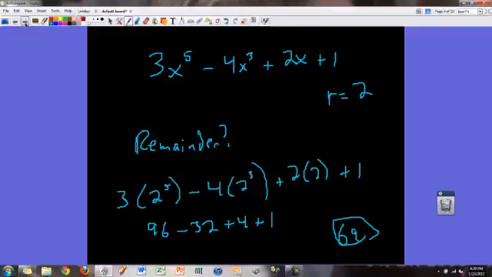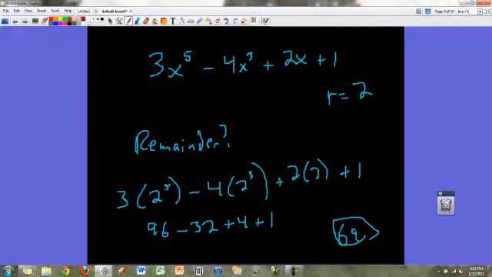So the remainder theorem is not particularly difficult. It just says that whether you plug it in or do synthetic division, you're going to get the same answer for your remainder. You can also use this to find the value at a specific point.